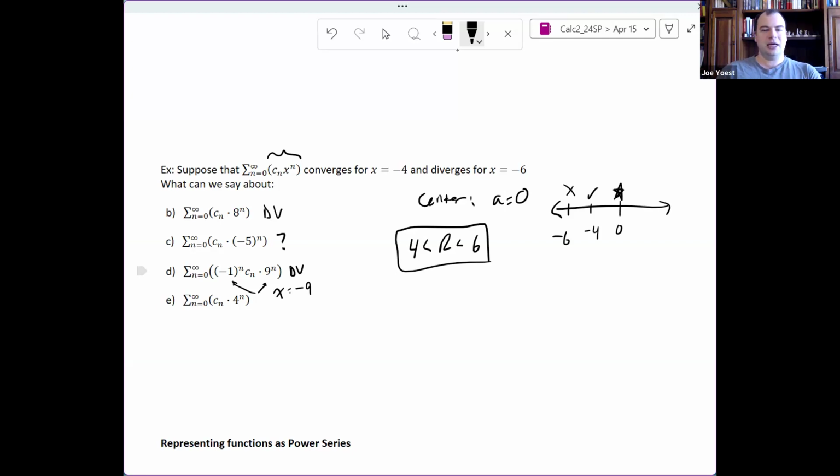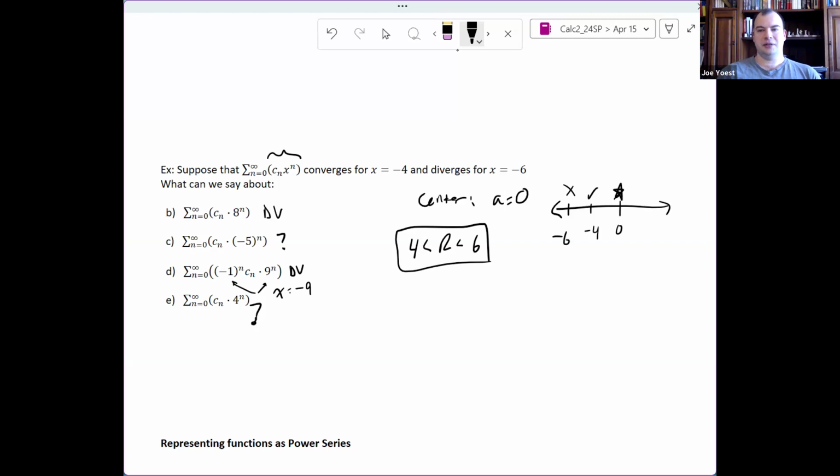If -4 is the endpoint of the interval of convergence on the left, then +4 would be the endpoint on the right, and it could go either way. Because that is a possibility, I don't know.